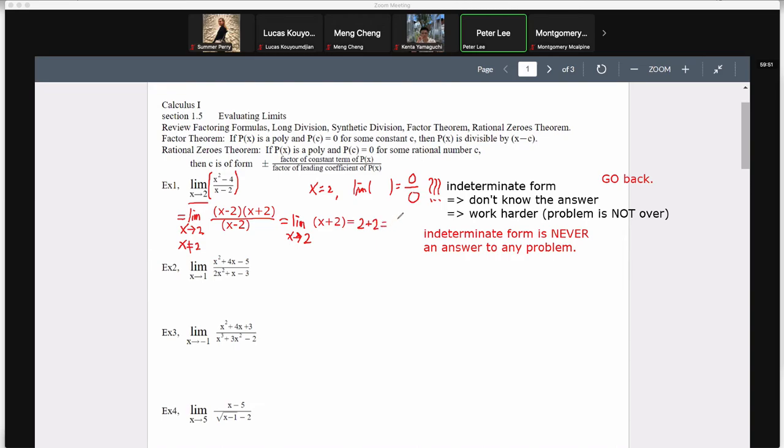The answer is 4. What that means is this guy right here, as x is getting closer and closer to 2, what happens to this argument of the limit? This argument of the limit is getting closer and closer indefinitely, so close. It never reaches there.